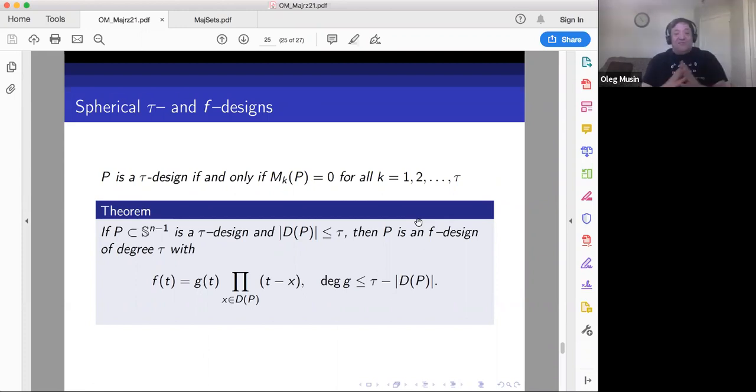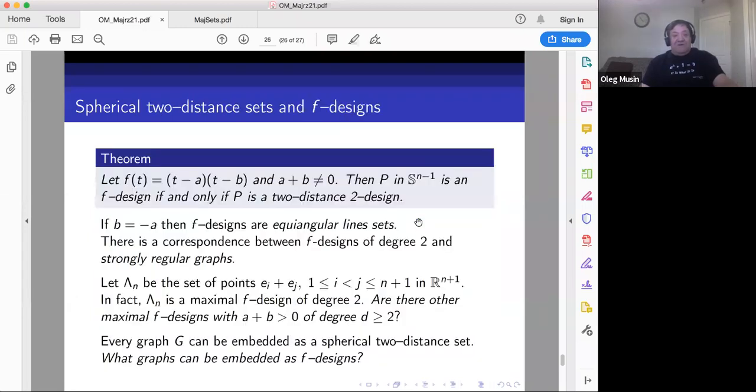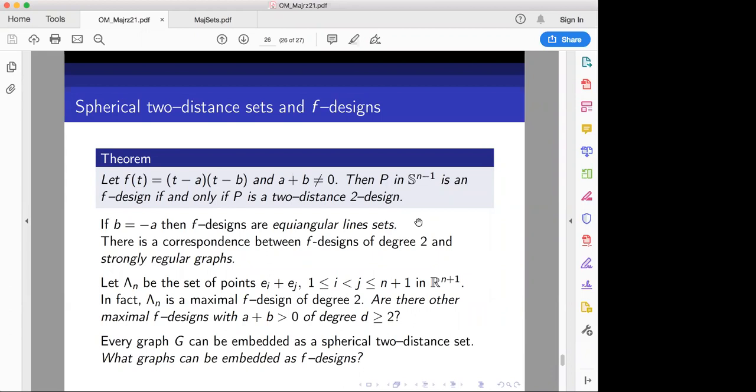It is also a theorem. And if you have a tau design, of course, when it is an f design, there is a property. My last slide, which maybe is interesting, as it is also related to the seminar, is the following.